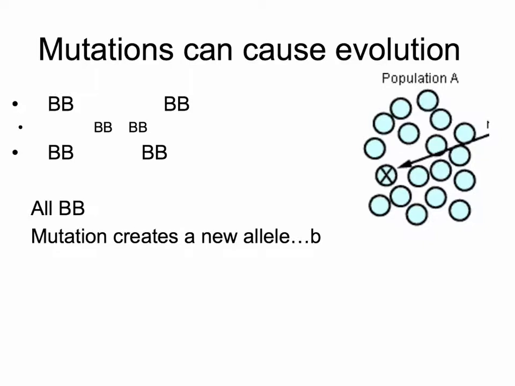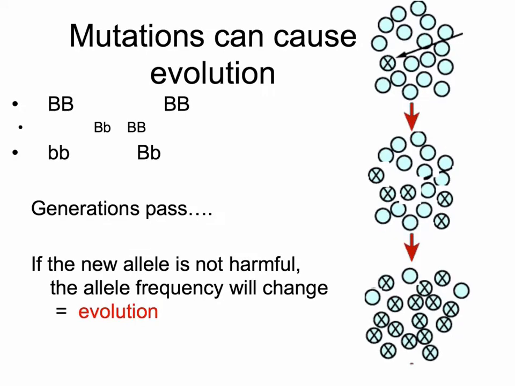After a mutation occurs, if it is not a deadly mutation, we now see the introduction of a little b in the population. This can change the allele frequencies. Now we have 99% big B and 1% little b. Over time, if that little b is beneficial, it will be passed on from generation to generation, and we see that the overall allele frequencies will change dramatically. This is evolution.